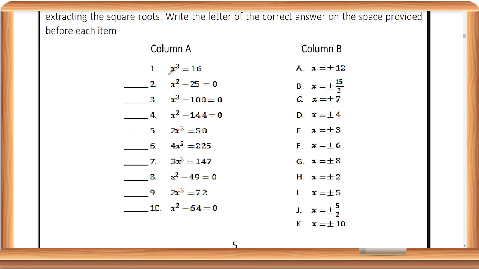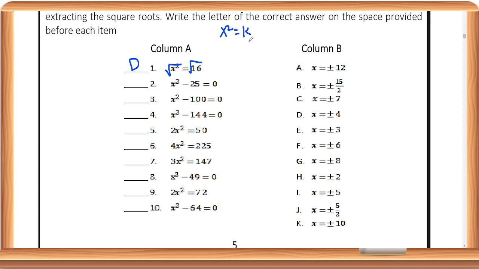So, dito sa number 1, if you're going to get the square root of 16, obviously it is 4. So, look for 4. Positive and negative 4. So, that's D. So, almost everyone got this correct. And then, ito, kung ililipat natin yung negative 25 dito, kasi sabi ko nga, dapat nasa form na x squared is equal to k.